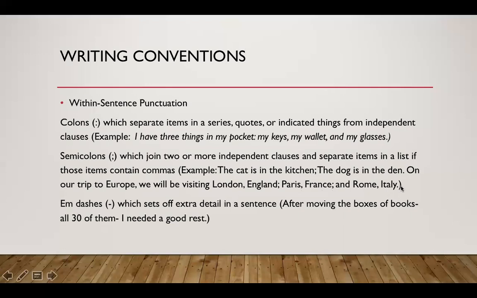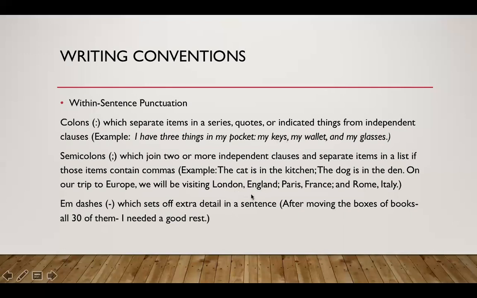So I want to point out something here, the difference between a colon and a semicolon as it pertains to a list. When you're looking at your list, as long as it doesn't have a comma that separates the actual item. So my keys, for example, there's not a comma that exists between my and keys.